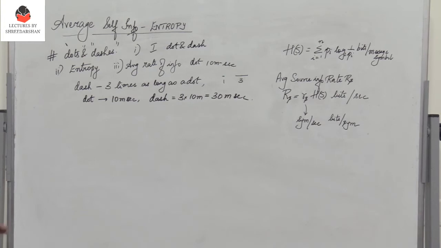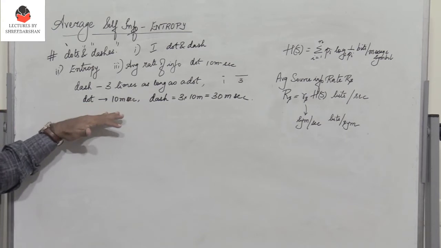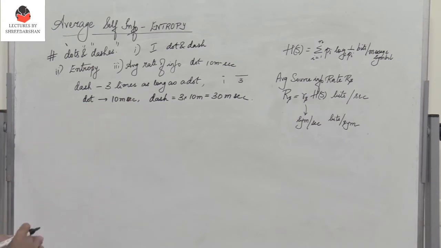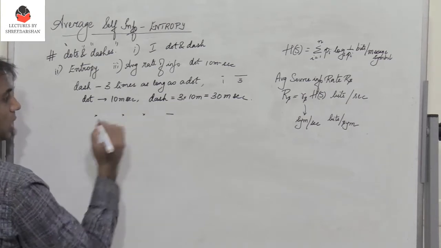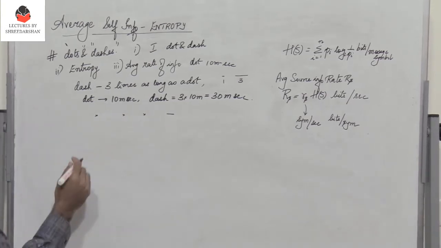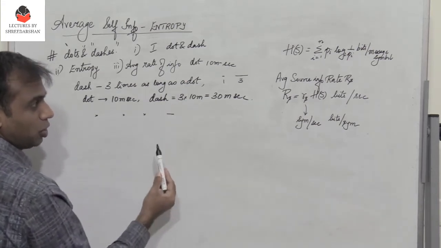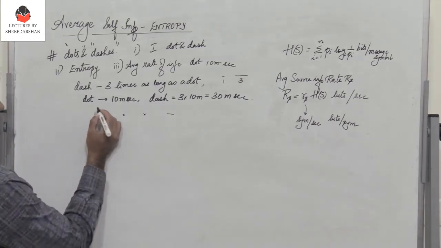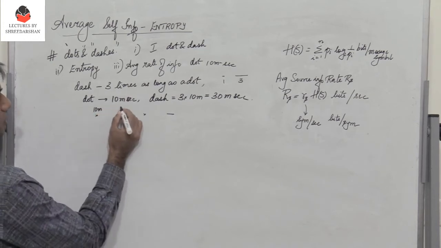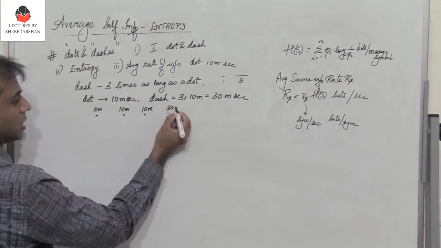The probability of occurrence of a dash is 1/3 the probability of occurrence of a dot, which essentially means that if I have 3 dots, I'll have 1 dash. So we got the probability of a dot as 3 by 4 and probability of dash as 1 by 4. So this is 10 milli, this is 10 milli, this is 10 and this is 30 milliseconds.